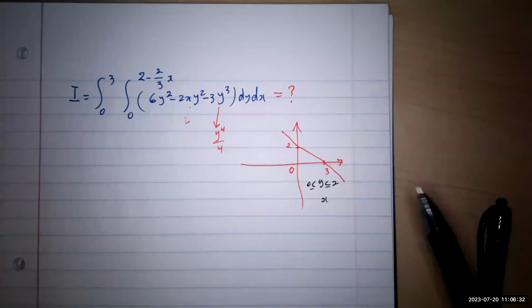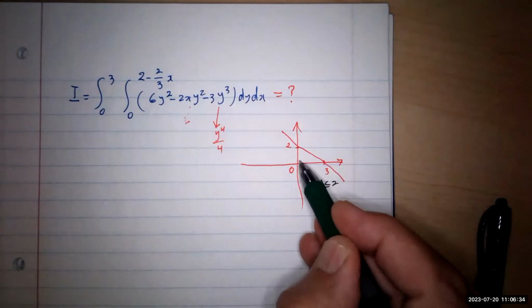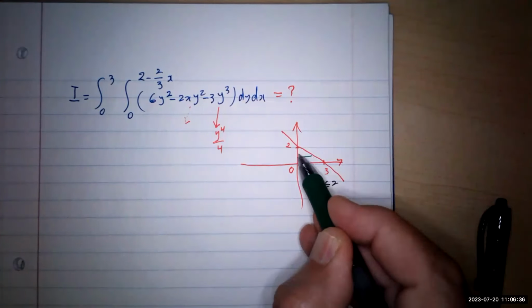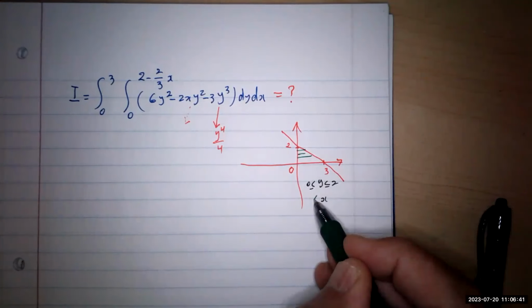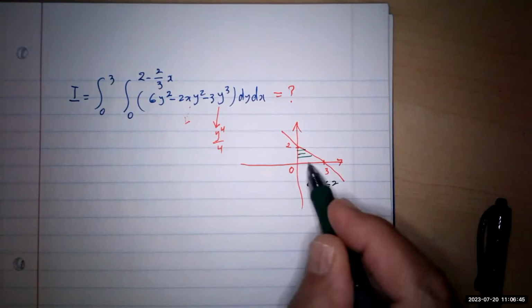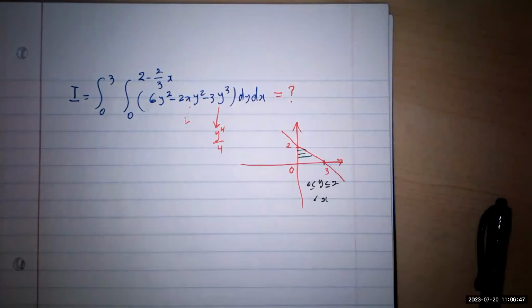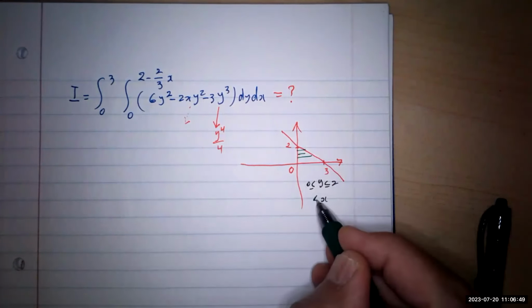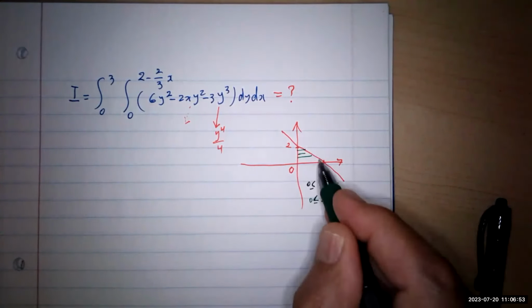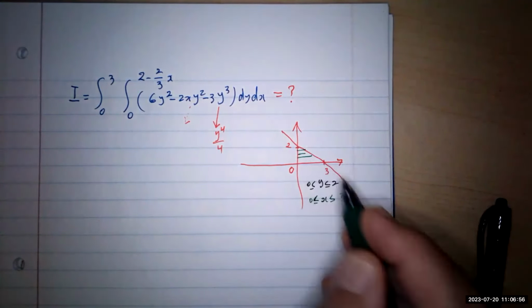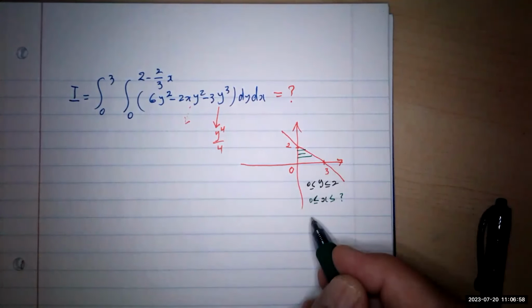Then you have to find your x. So now I go from right to left for the x. So this means I go from 0 and I find the x here. Remember that equation was what? What was the equation of the line?